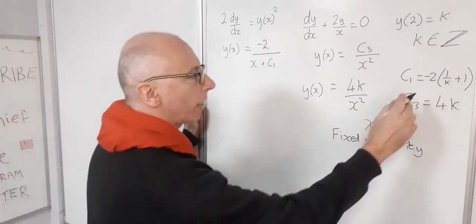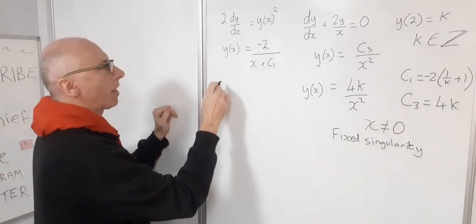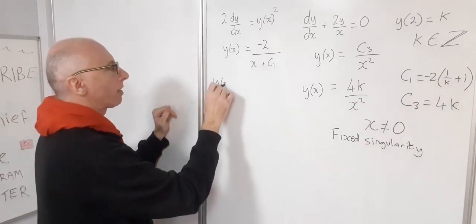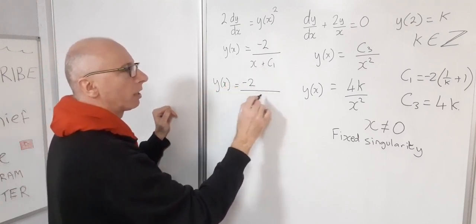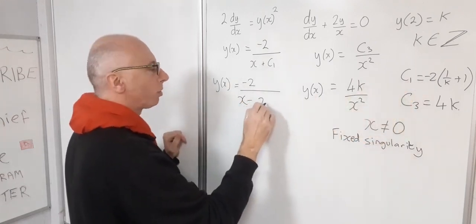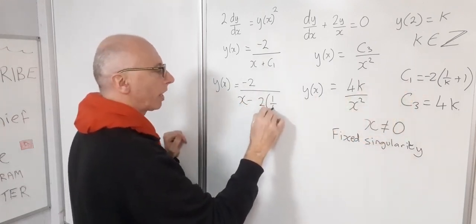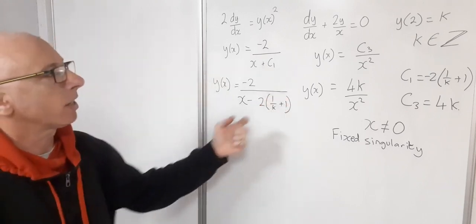Now my C1 here is minus 2 times 1 over k plus 1. So let's write that in there now. y of x equals minus 2 over x, and now minus 2 times 1 over k plus 1. Now here, my k could be any value.